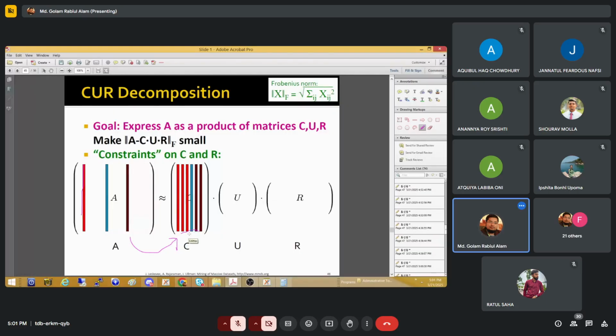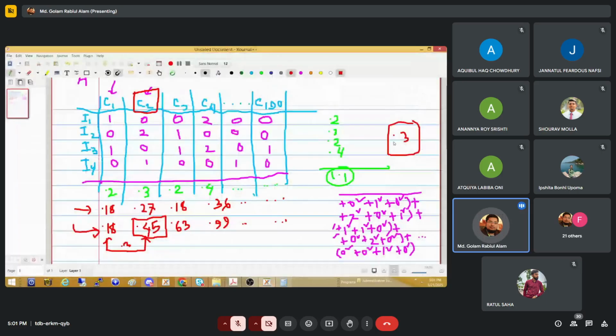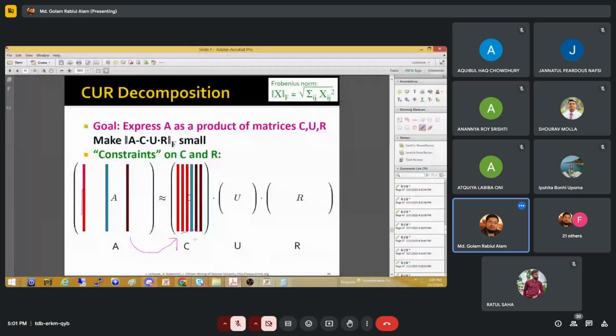Assume the random number is 0.3, or this time 0.2; it will again select the same column C2. That's why we can select the same column multiple times.